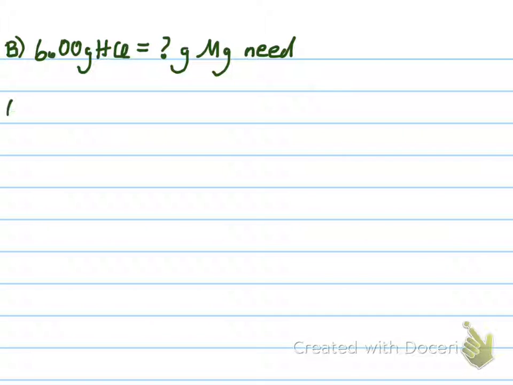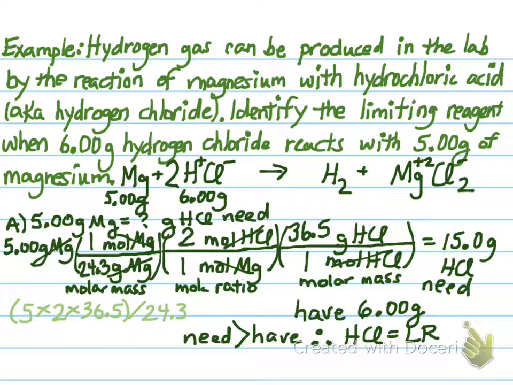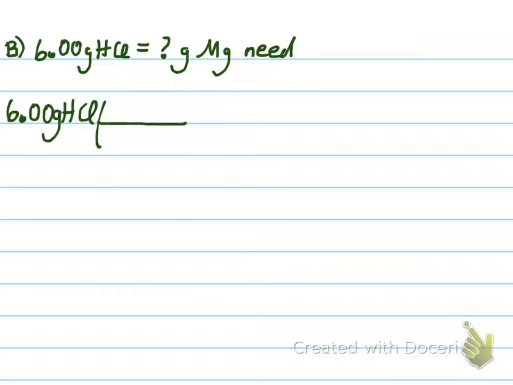So again, if you opted to do it this way, you'd start with your 6 grams of hydrogen chloride. Now your masses won't be any different, so it's still the molar mass, which is 36.5 grams of hydrogen chloride to 1 mole of hydrogen chloride.